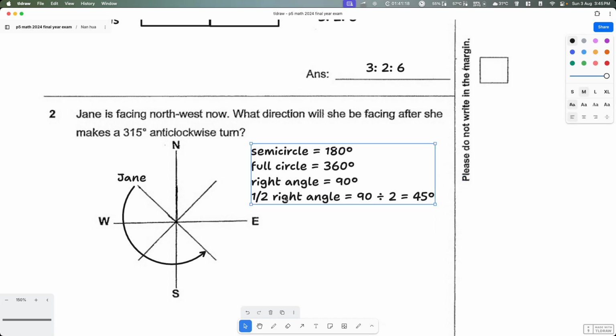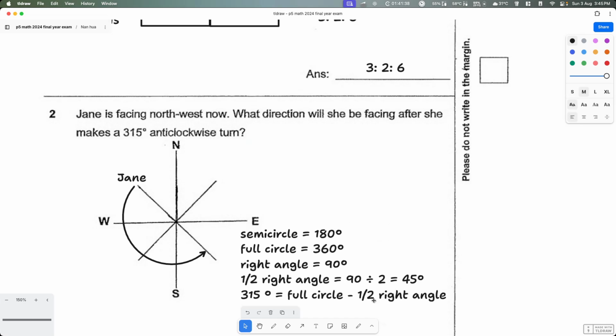In this case, 315 degrees is basically equal to a full circle minus a half right angle. From here, I think we can kind of guess. Let's move this full circle.